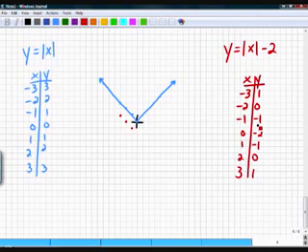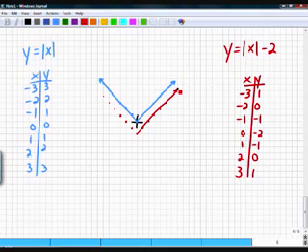The next one is 0, negative 2. Then you've got 1, negative 1, 2, 0. Do you see what's happening? And now, once you get that, do we have our V shape? Yes, and once we have our V shape, you can go ahead and put some more points on there. You can see where it's going to go. So now let's connect our dots.